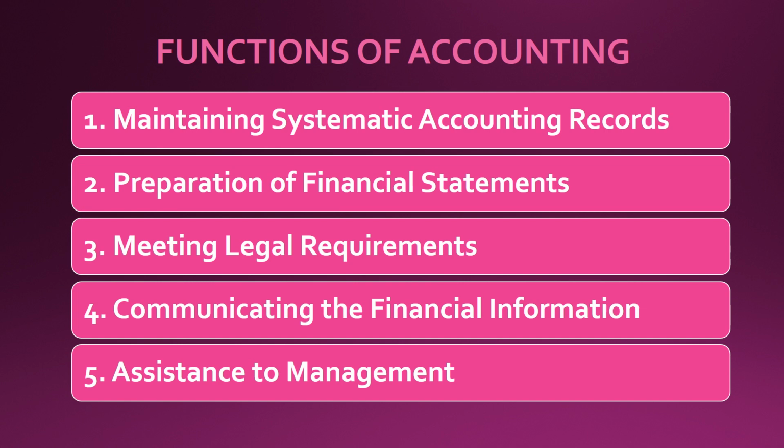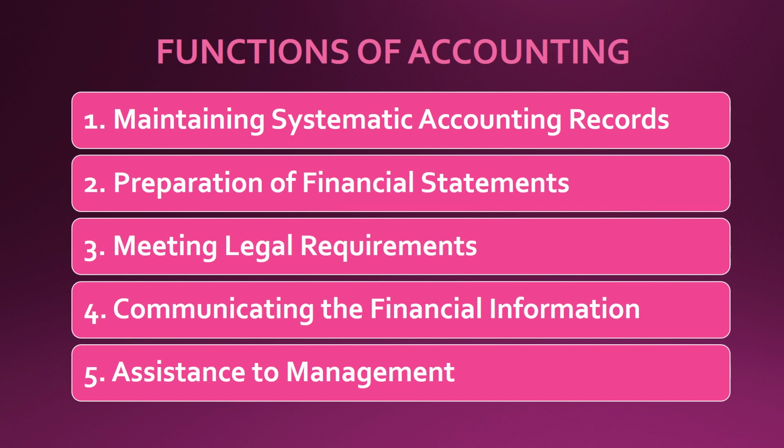Now, what are the financial statements? Financial statements are the statements which are prepared at the end of the financial year or 1 year, and the financial statements not only calculate and ascertain the profit or loss of the business, but also depict the financial position of the concern.